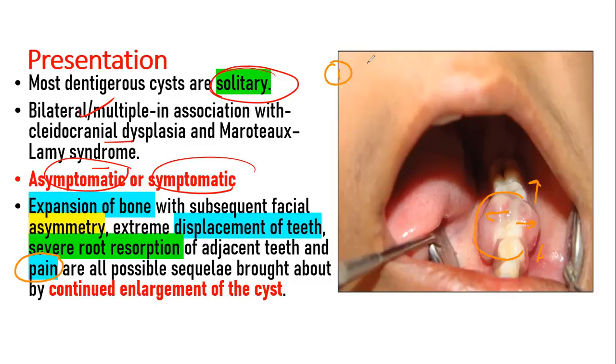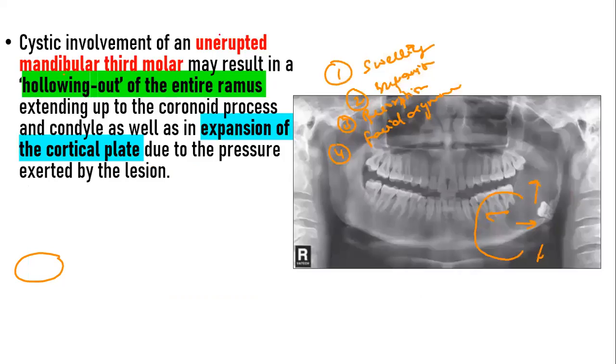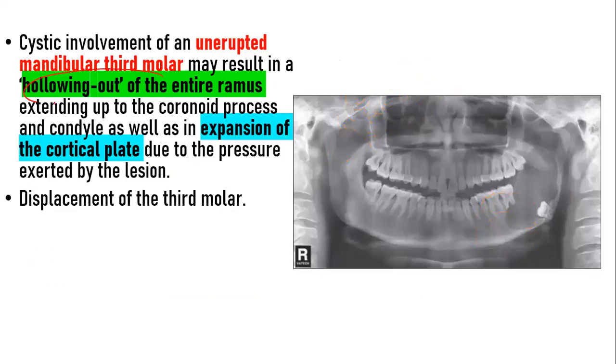So here you have an apparent swelling, which may cause expansion of bone, displacement and resorption of the roots of adjacent teeth, and gross facial asymmetry. The larger lesions may cause hollowing out of the entire ramus, as you can see here.